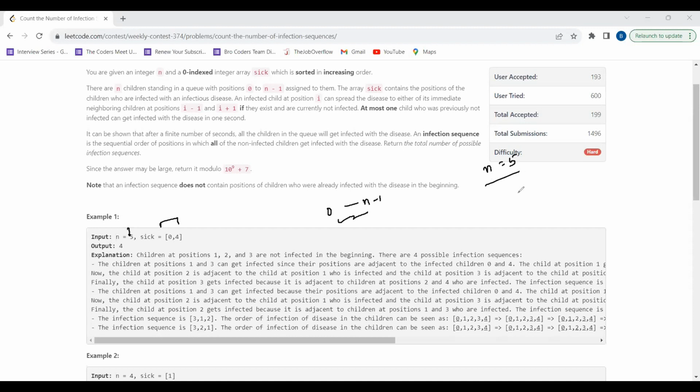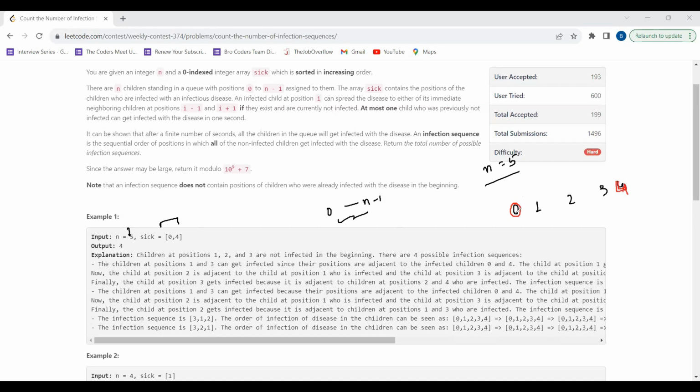So this means we have people from 0 to 4: 0, 1, 2, 3, 4. And out of these, we have got the person at index 0 and index 4 infected.